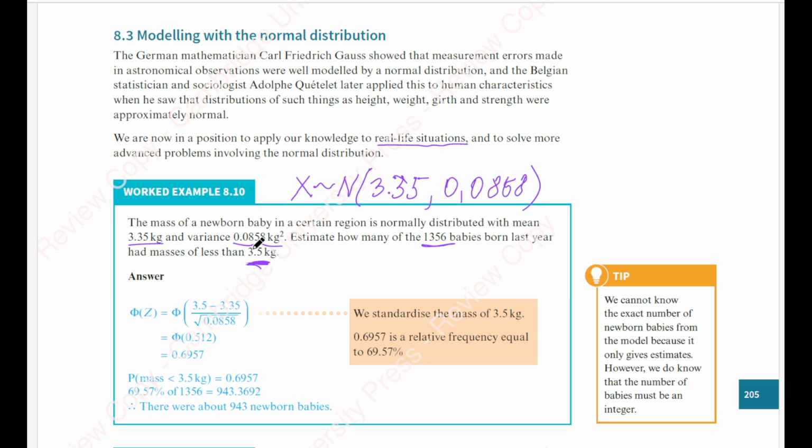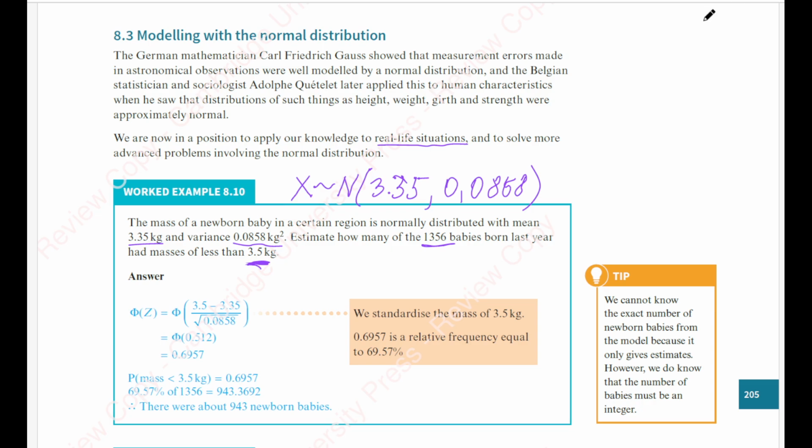So we need to find the probability that a baby born is in a certain class.